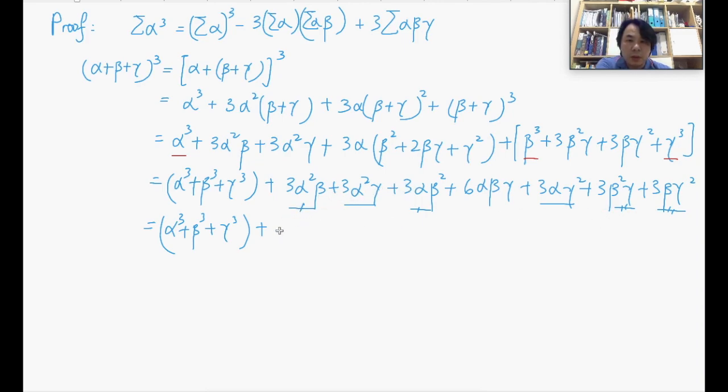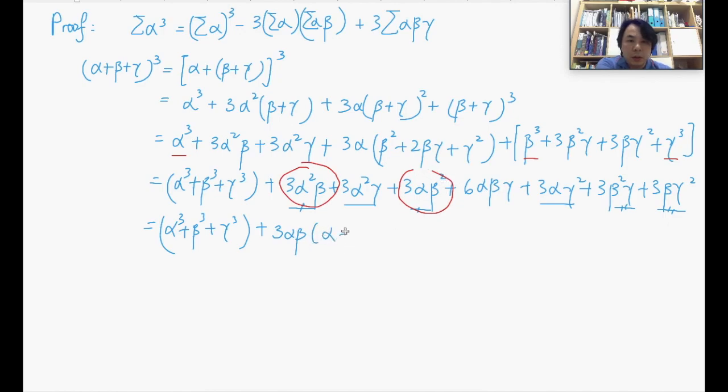Now first of all, I'm going to group this one first. Just let me circle that so that you can see this. Okay, this one and this one. That would actually give me 3. I'm going to take out alpha beta. So from here, if I take out alpha beta, I will get an alpha.